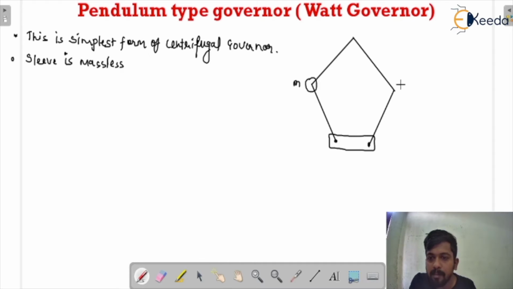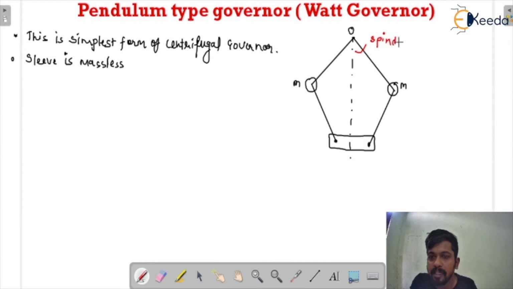I'm assuming that m is the mass of the fly ball, and both balls have the same mass. This is the point O, the point of intersection or pivot point, because both arms are pivoted at that point of intersection. And this is the spindle axis about which the balls are going to be rotated.